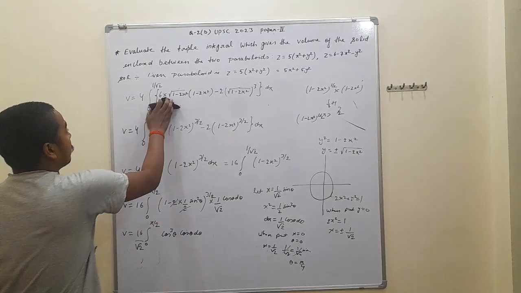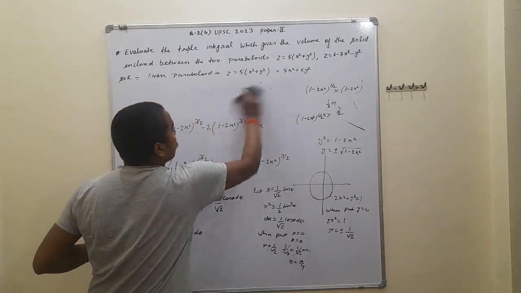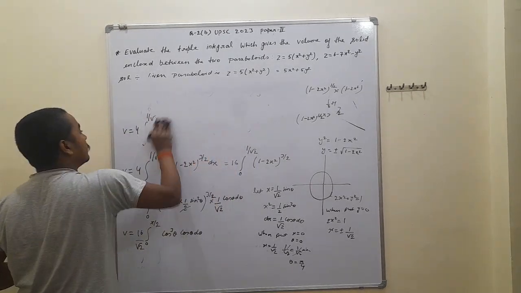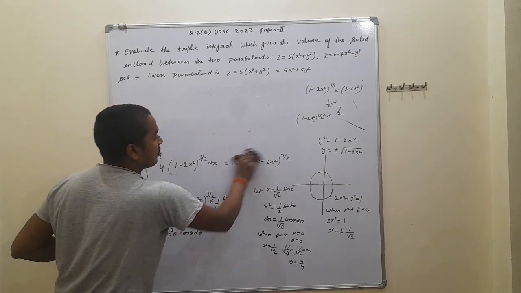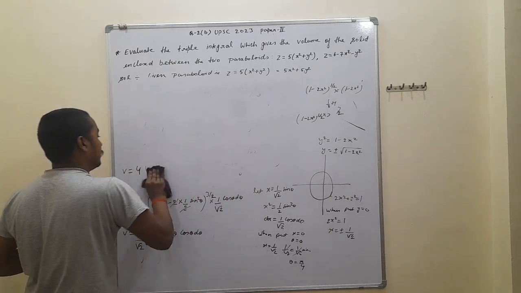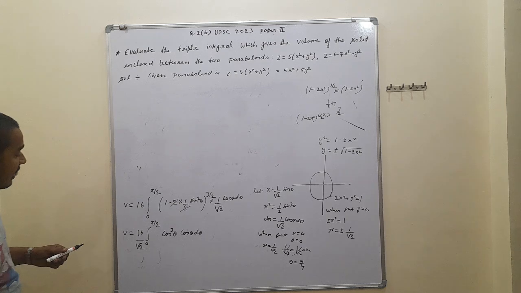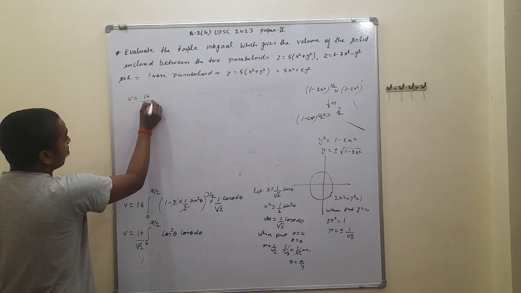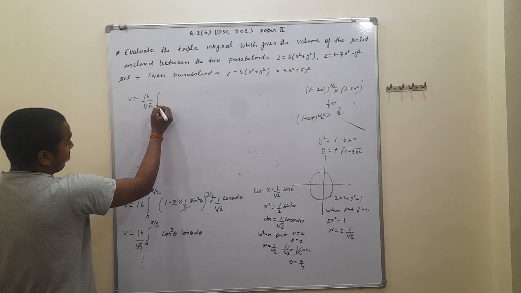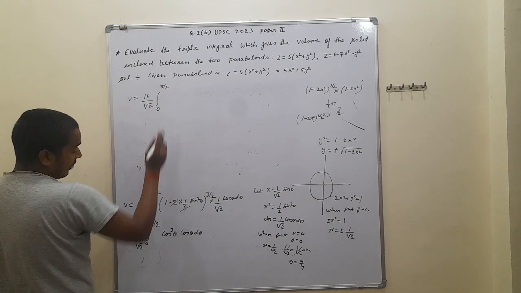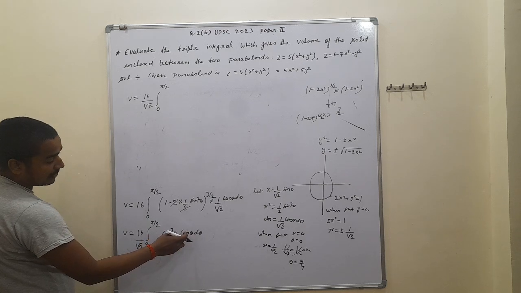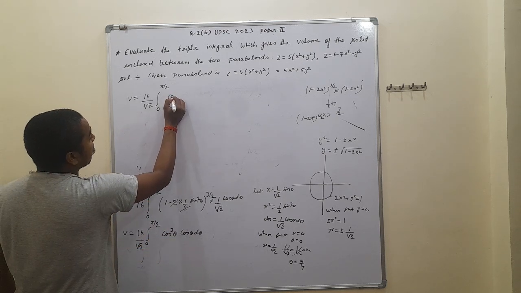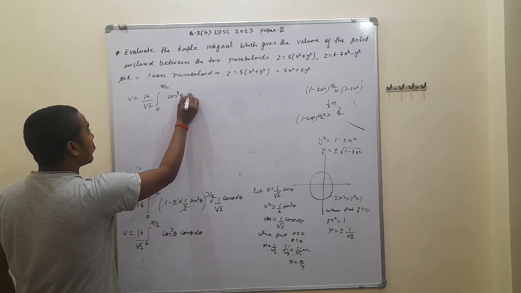So volume is equal to 16 upon root 2 times the integral from 0 to pi by 2 of cos cube theta times cos theta, that is cos to the power 4 theta d theta.